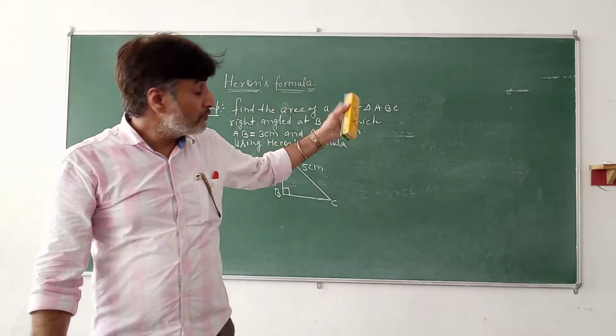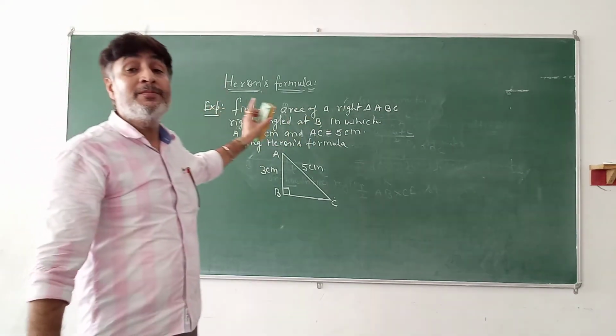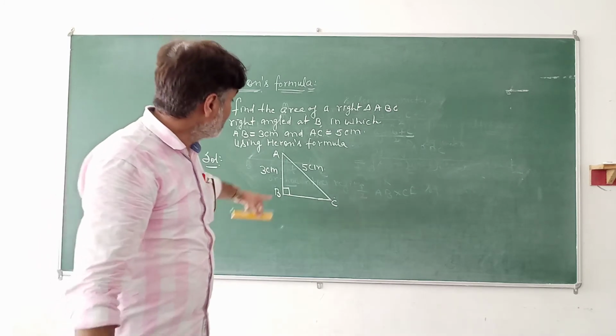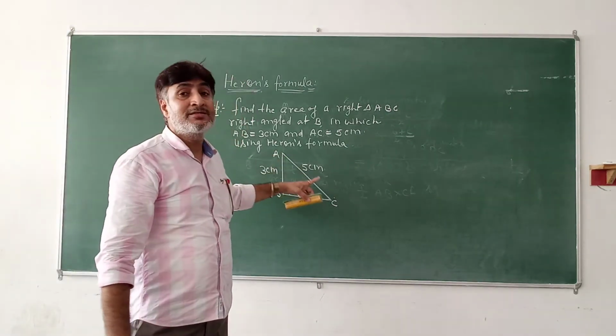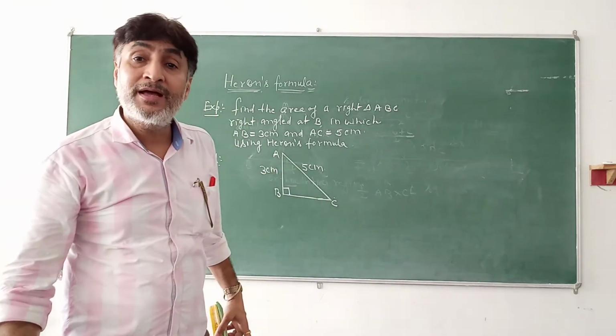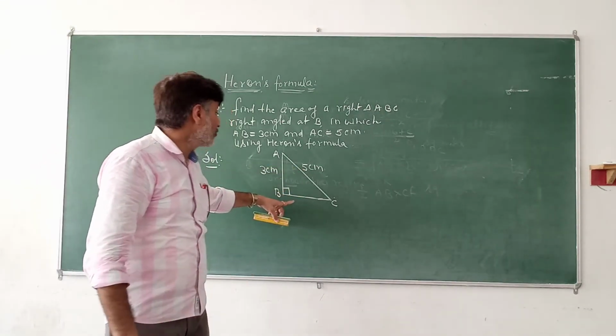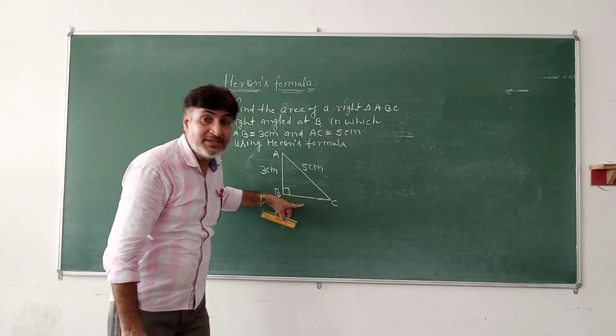Since Heron's formula is applicable only when the lengths of all 3 sides are given, first of all we apply Pythagoras theorem so that we can find out the length of this third side BC.